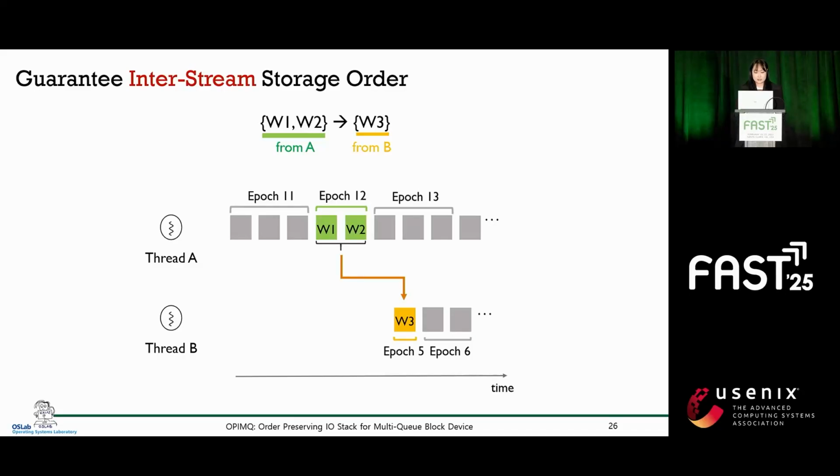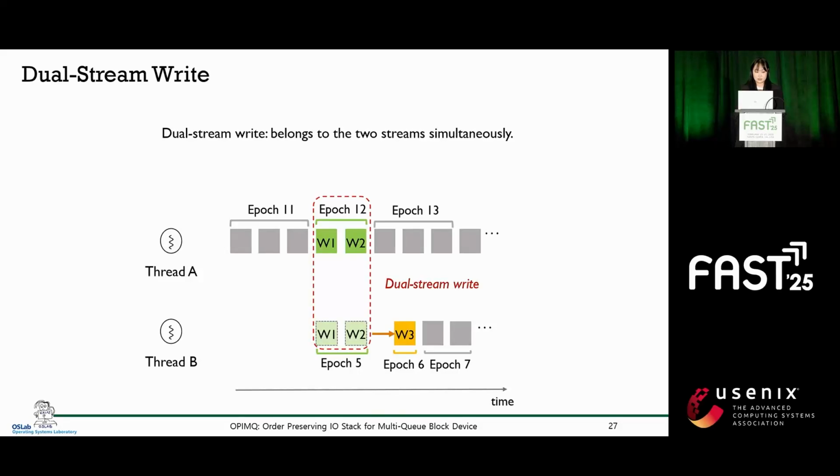The second challenge is ensuring storage order across threads, which requires preserving the order between epochs from different streams. OPIMQ introduces dual stream write, a write request that belongs to two streams simultaneously. When enforcing inter-stream order, OPIMQ designates writes from the preceding epoch as dual stream write.